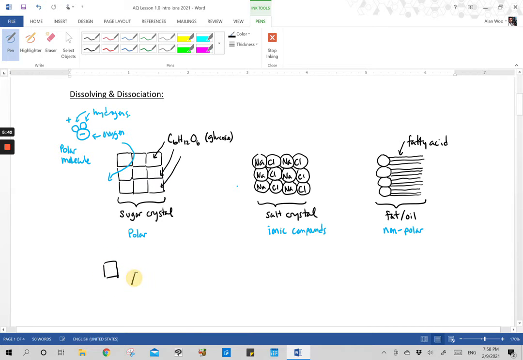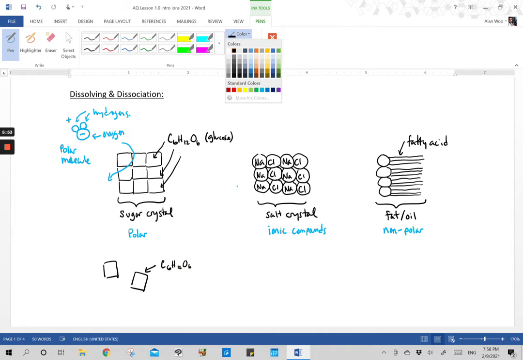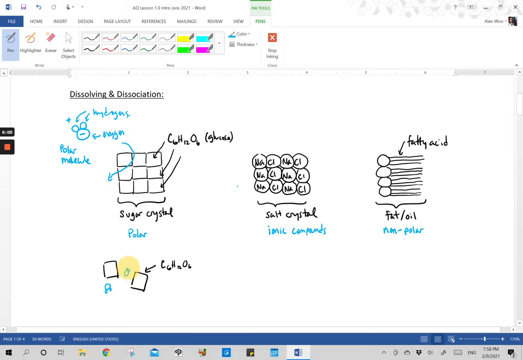If each of these squares that I have drawn here represents an entire molecule of glucose, then we have water molecules surrounding each and every molecule of sugar.